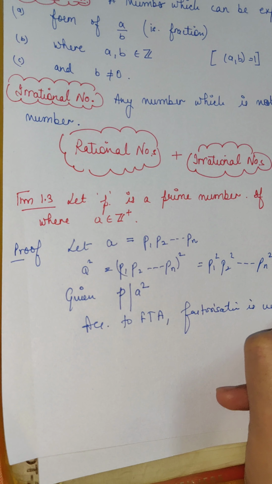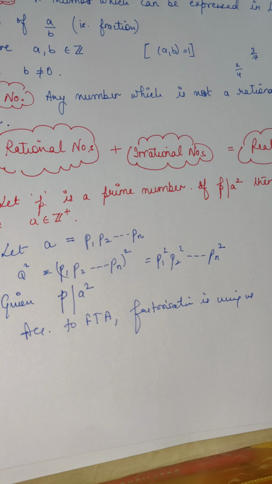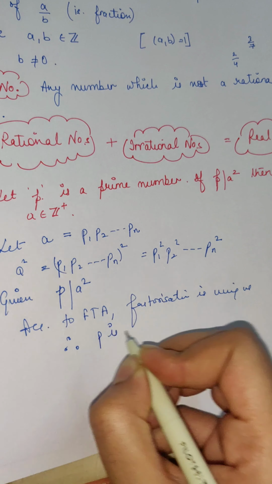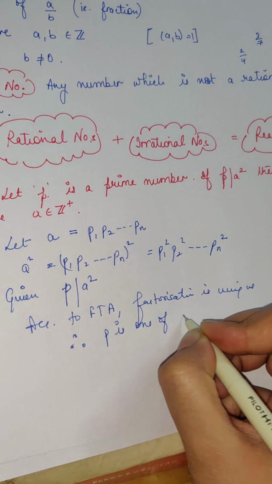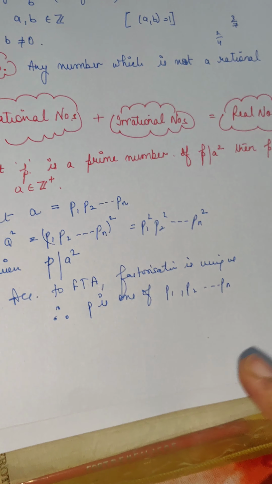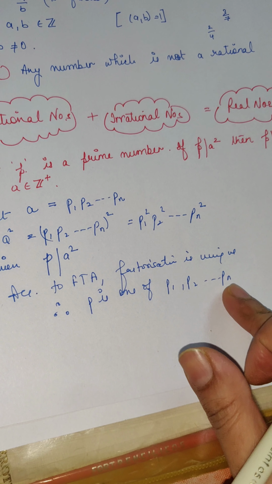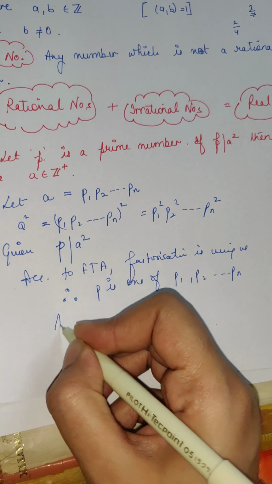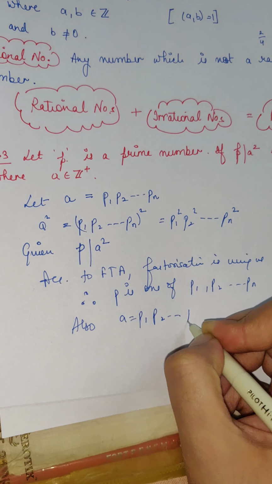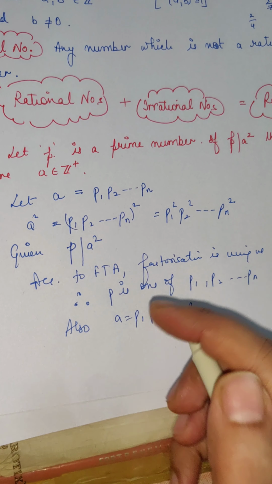So therefore p is one of the factors of a square, therefore p is one of p1, p2 up to pn. So if it is equal to any one of these, that means a is also p1, p2 up to pn, so it will also divide a, because a is their product.